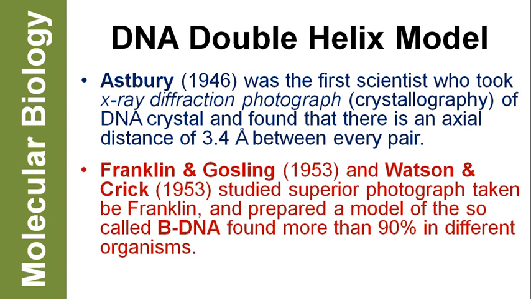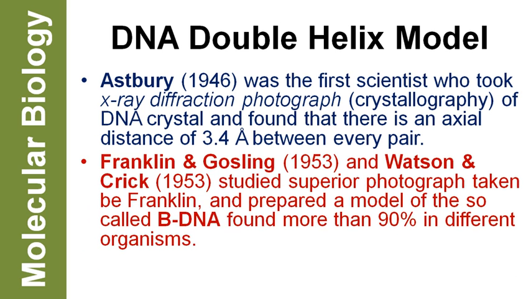That is, adenine and thymine forms one pair, and above that there is another pair, AT or GC, put at an axial height of 3.4 angstrom.